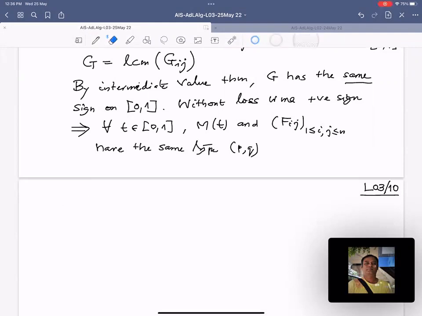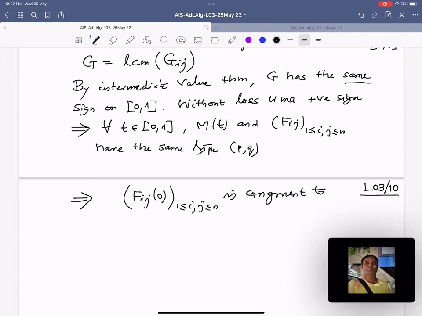And therefore, if I evaluate this F_ij at 0, this matrix is congruent to the diagonal matrix with entries A_1 to A_P, and then B_1 to B_Q, where the A's are positive and the B's are negative.